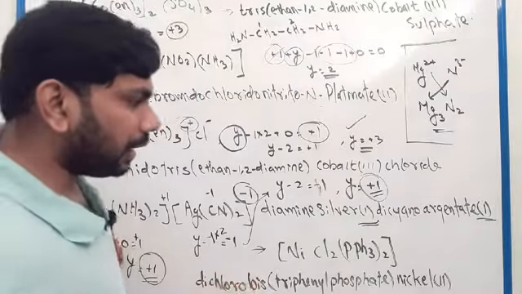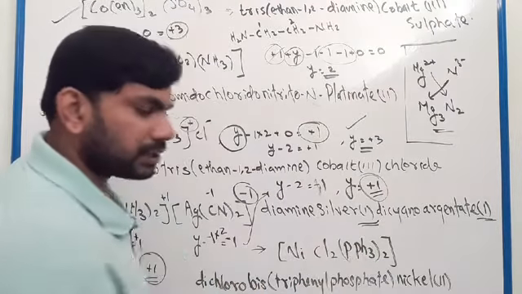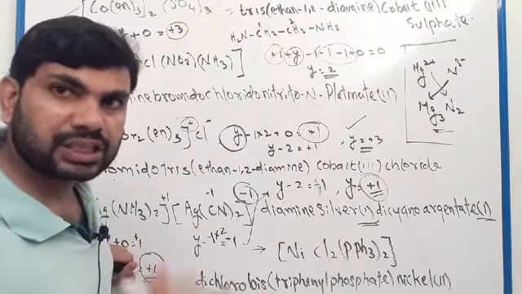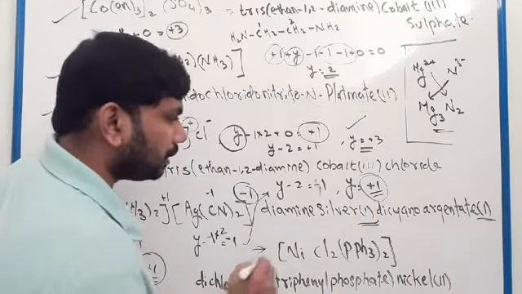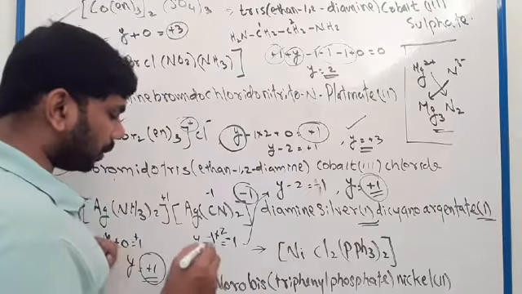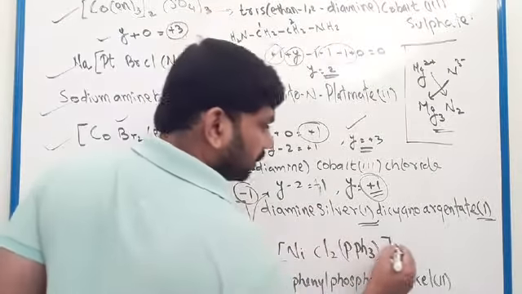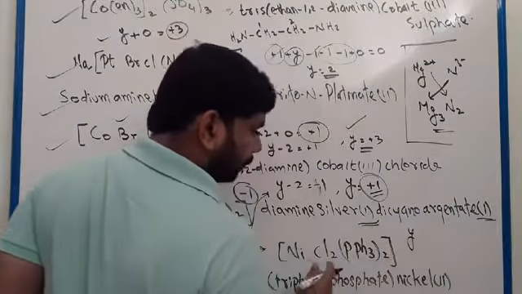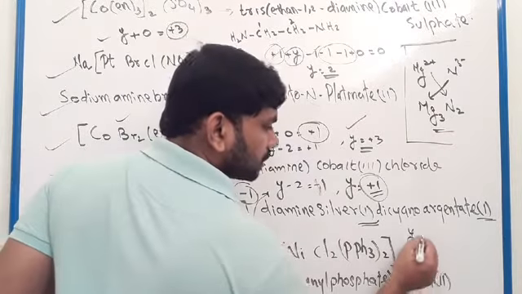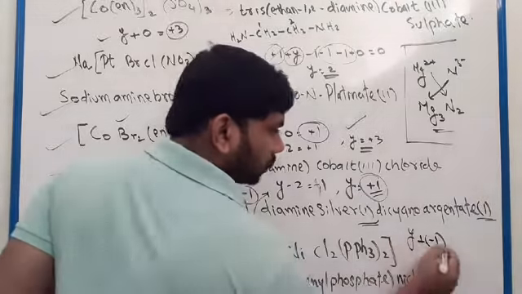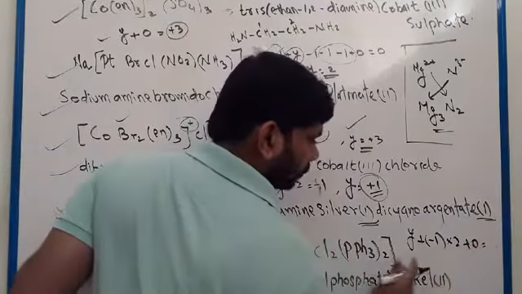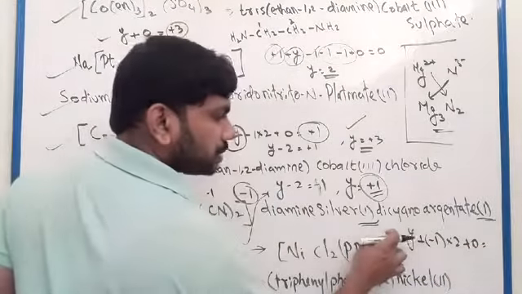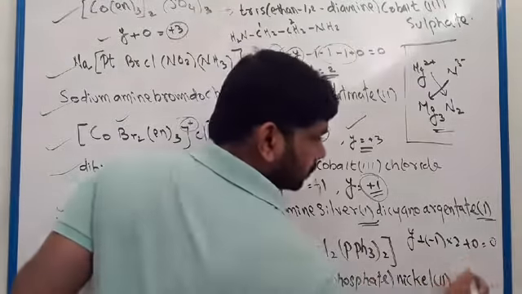Here also you have to remember PPh3, triphenylphosphine, its charge is also 0. So here for nickel, you want to find the oxidation state. It is unknown. Chlorine is minus 1. Here 2 chlorine, so twice minus 1 plus 0 equals, this is a coordination sphere, there is no particular charge, so equal to 0.